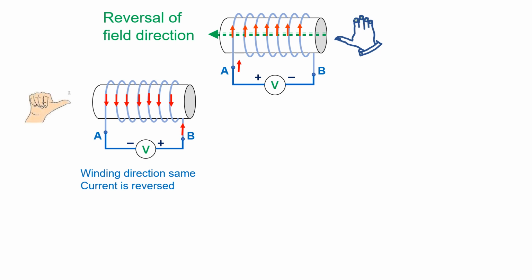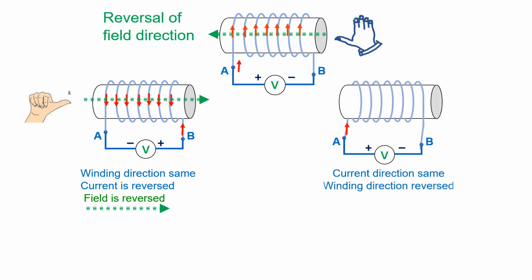If you apply now the right hand grip rule showing the four fingers of the right hand in the current's direction, the thumb is oriented towards right. We can say because of this, the magnetic field axis is now towards right. The field is reversed.